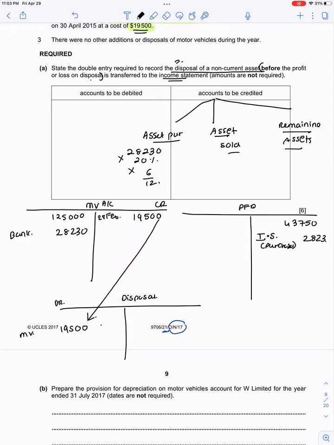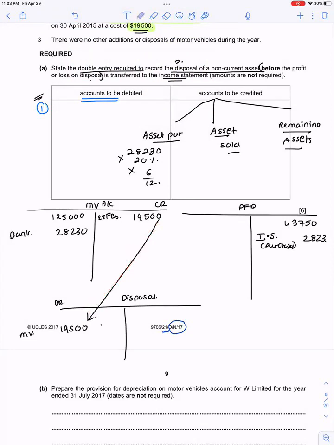Are you with me? Yes, sir. Okay. So if I have to pass a journal entry for the disposal, the first journal entry was to remove the cost. Which account is debited? Disposal account.